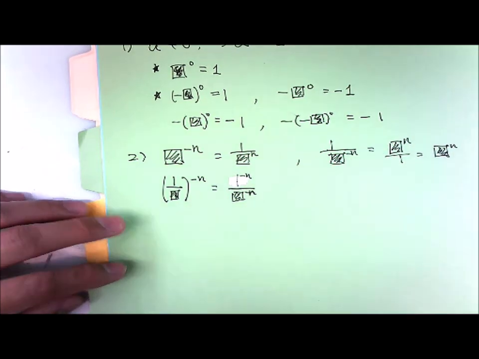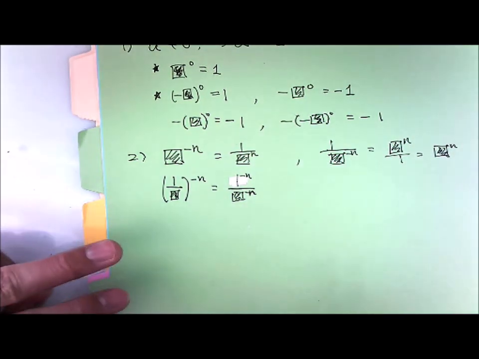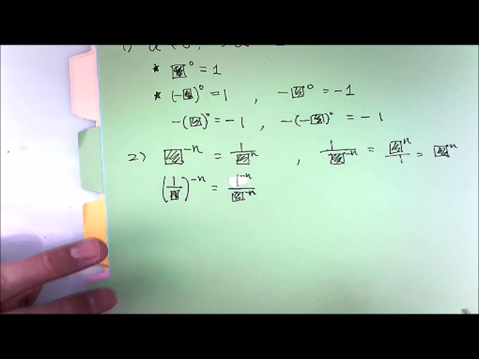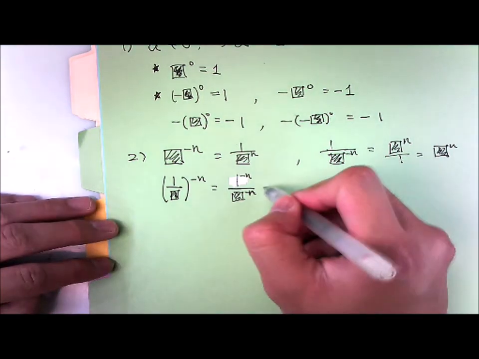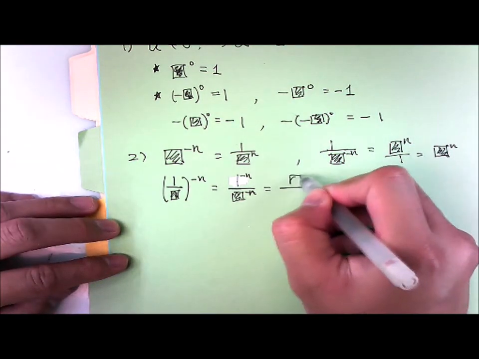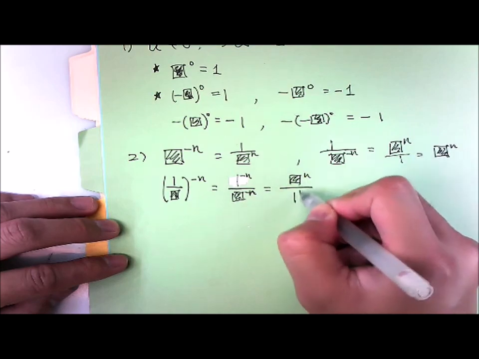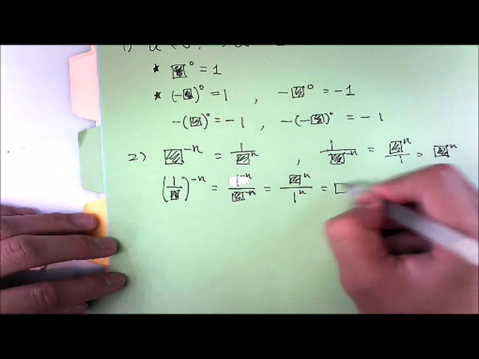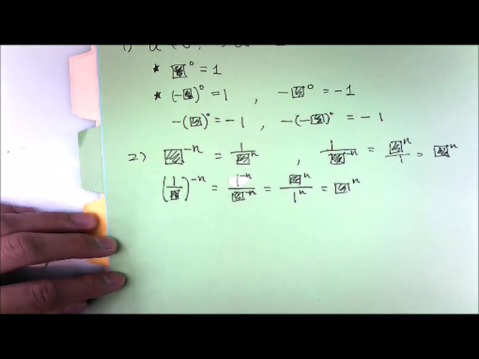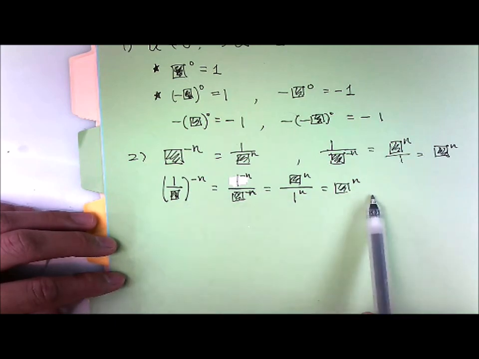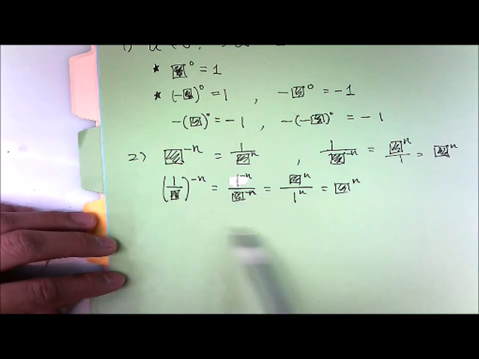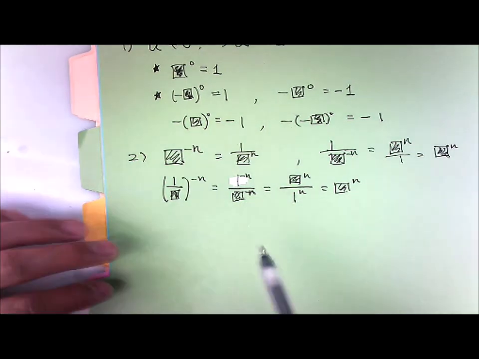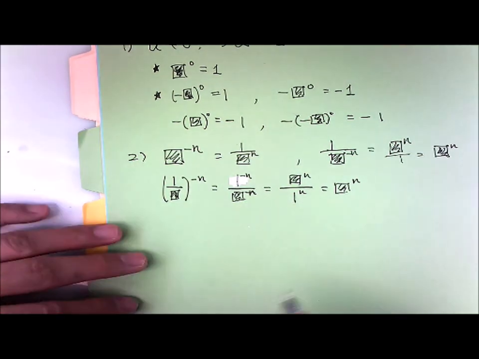Look at here, we have two negative powers. We don't like it, so we interchange the position. You have the positive one because any power of 1 is 1. So you finally have this. From here to here, you can just memorize it. You have no need to write down this. If you write this, it's okay. Understand? So keep going.